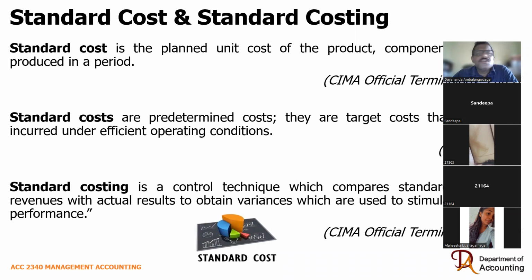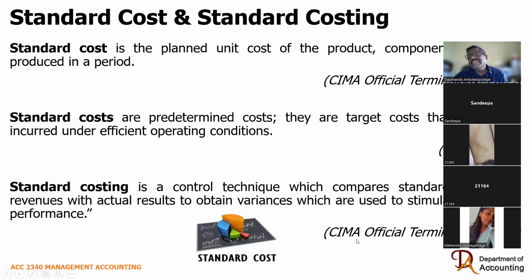There are various ways of defining standard or standard cost. Different authors, different people, really academic researchers have defined the standard cost differently. If you look at the CIMA official terminology 2015, it says the planned unit cost of products and components produced in a period.